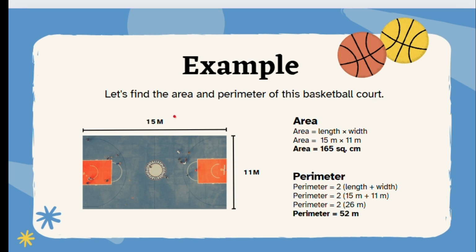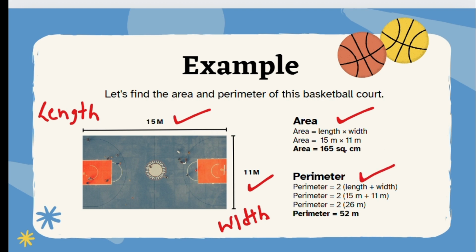Here the length is 15 meter. So basically that will be the length, and here the breadth is 11 meter. That is the width, or you can say the breadth. So basically we have to find the area and perimeter of a rectangle. So this is the question.